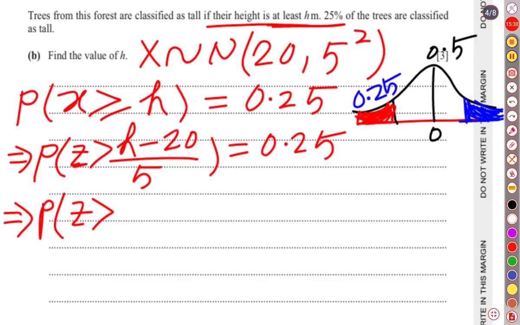Now what will it be? As it is, our z score is, look at this, original probability is lying on the left side. So z score is here. It must be h minus 20 over 5, and here it must be negative.